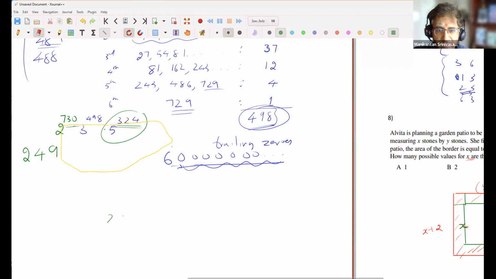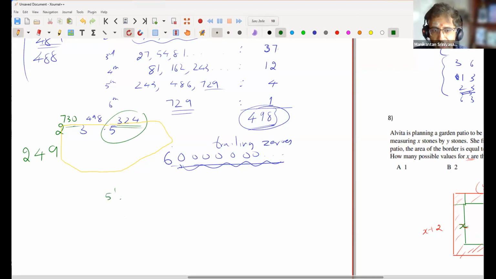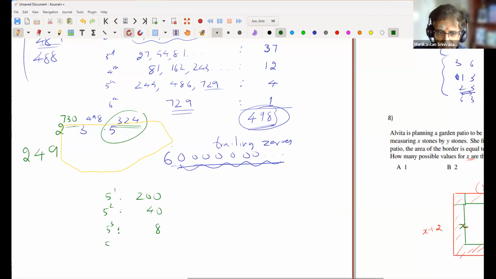Okay. So number of fives, let's go through the same routine. First pass, one 5, there are 200 of them. Okay. Another 5, there'll be this divided by 5. As long as it's an integer, it's fine. Now, when I divide by 5, I get 1 point something. Therefore, it's just 1, right? What is this one? This is that 625, right?